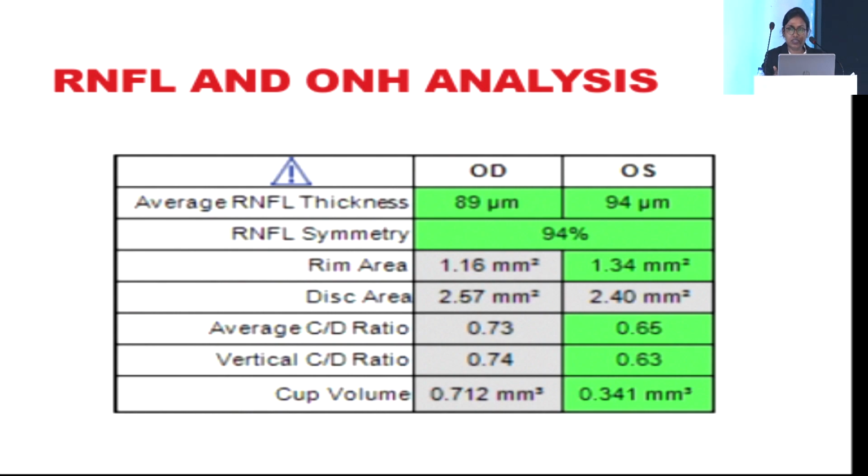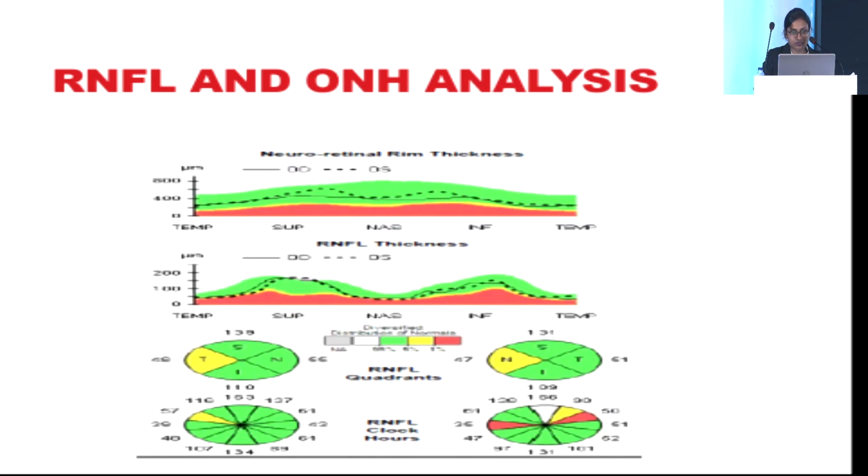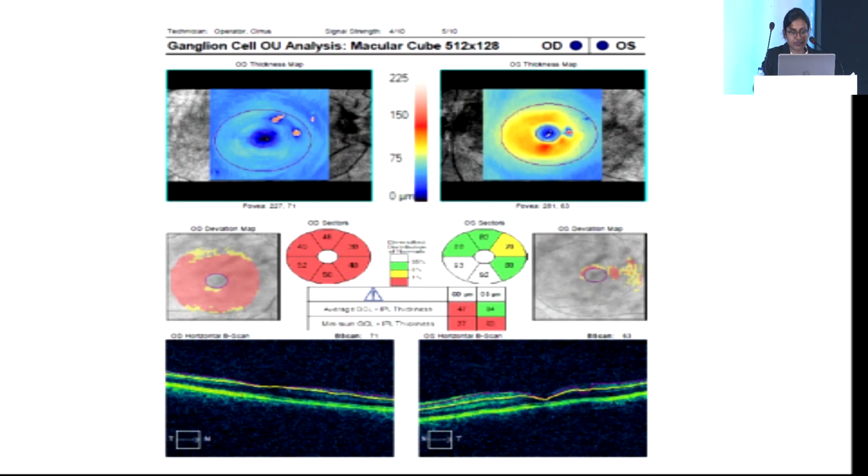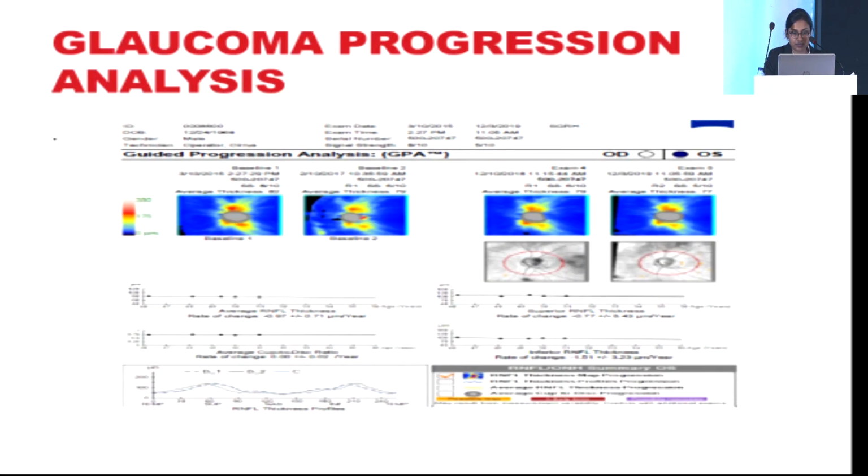From 1 to 5% is shown in yellow, from 5 to 95% in green, and more than 95% in white. And then OCT also helps in checking the ganglion cell layer thickness, which can be decreased even before the retinal nerve fiber layer thickness has decreased. The OCT has a very important value in monitoring the progression of the glaucoma patient.